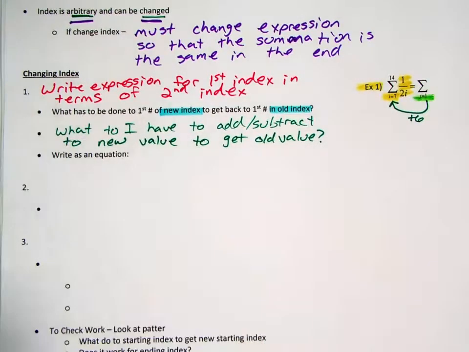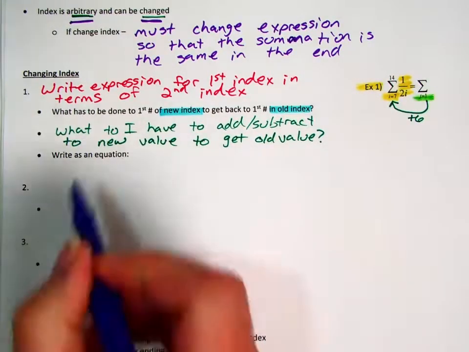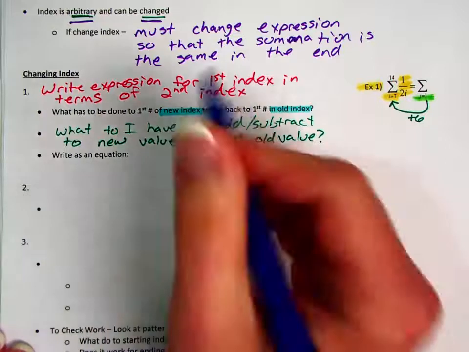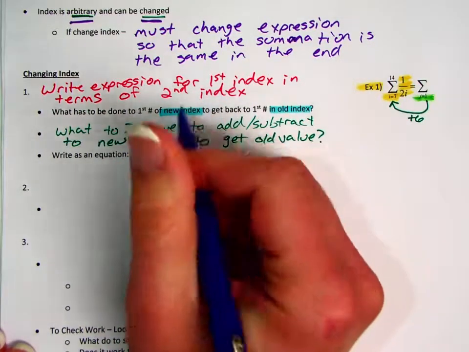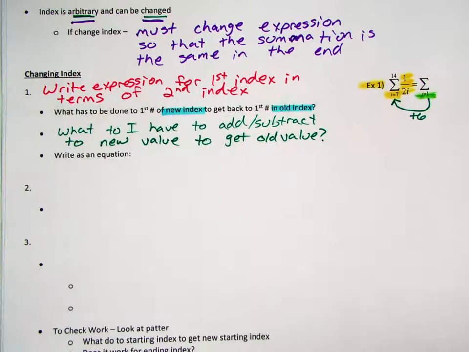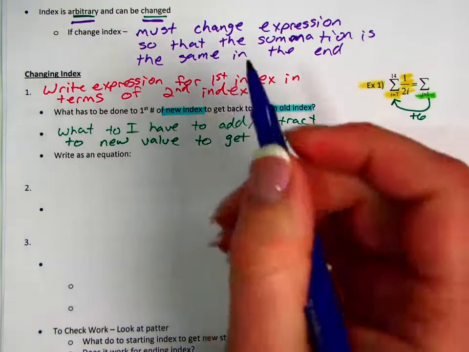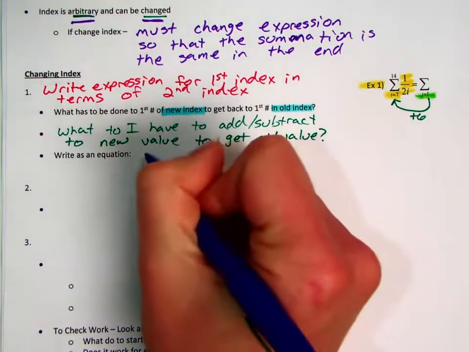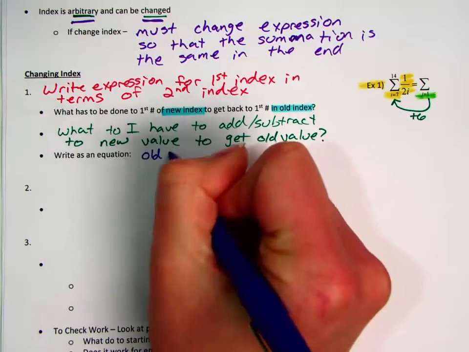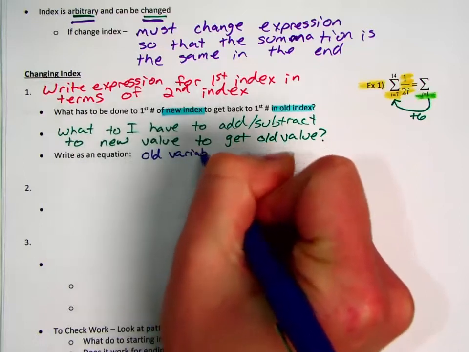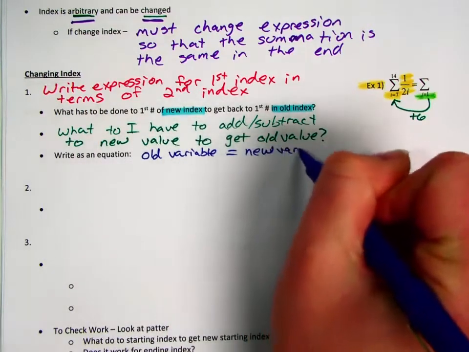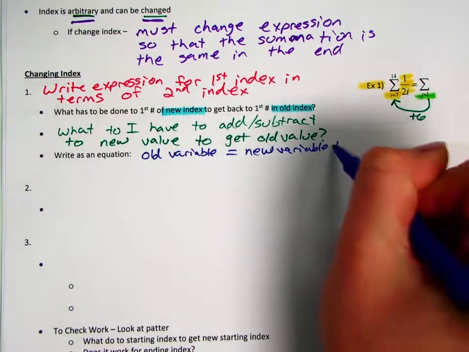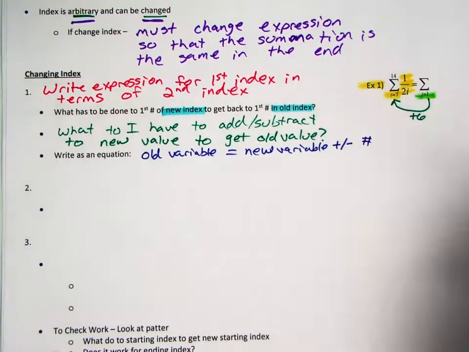Now I'm going to take that idea and write it as an equation. What do I have to do to the new one to get to the old one? The old variable should equal the new variable plus or minus the number that you were talking about.